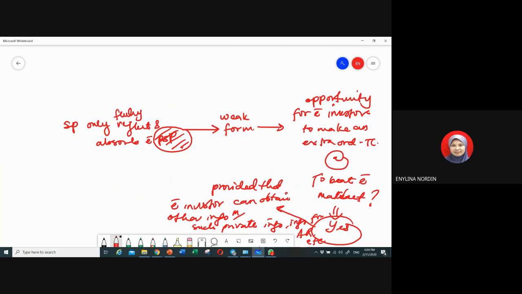So the investors can use this information to make an extraordinary profit. That is what we meant by the investors can make an extraordinary profit by doing fundamental analysis.